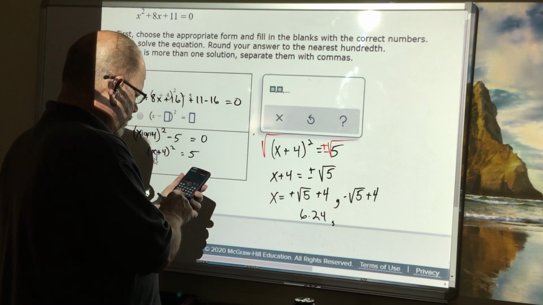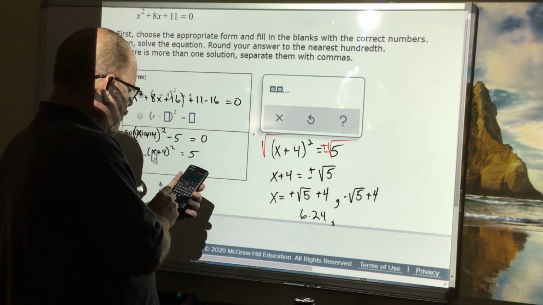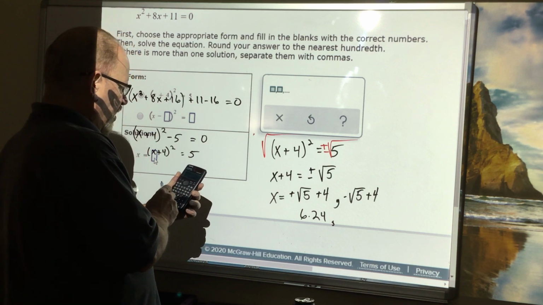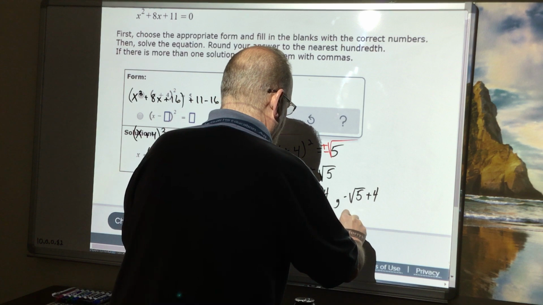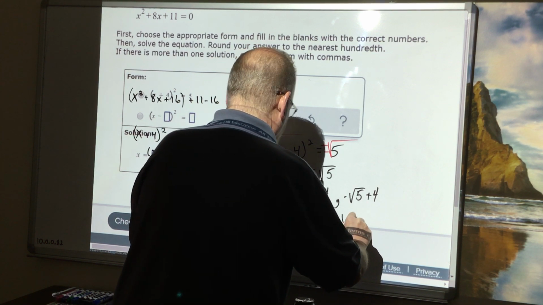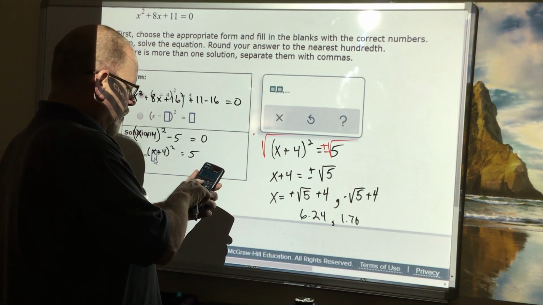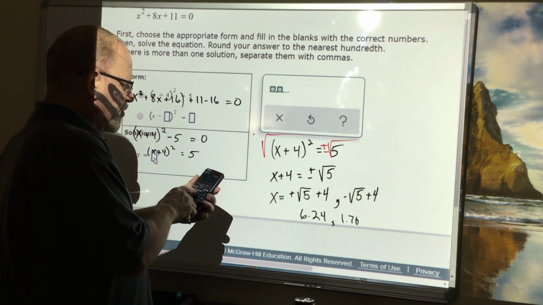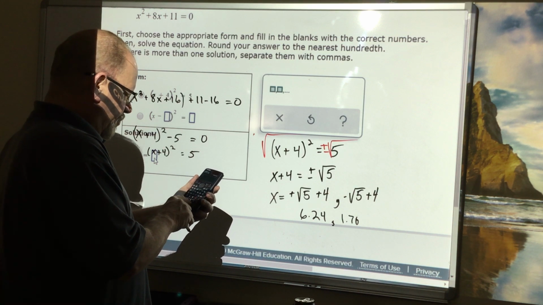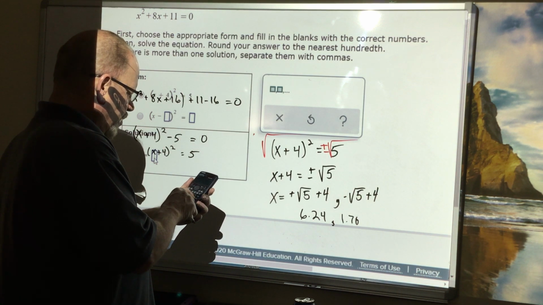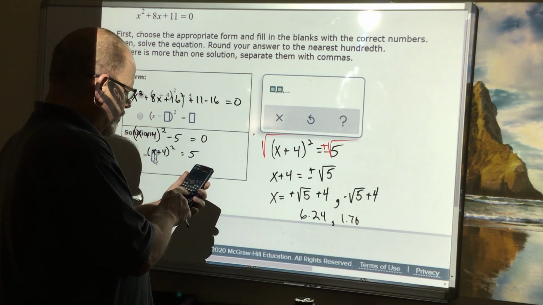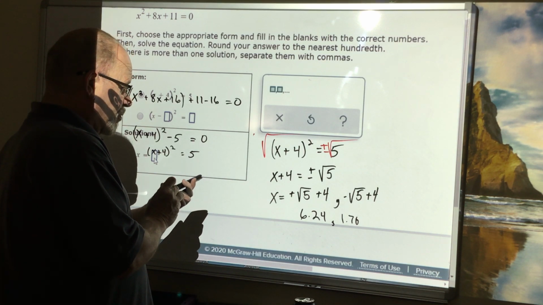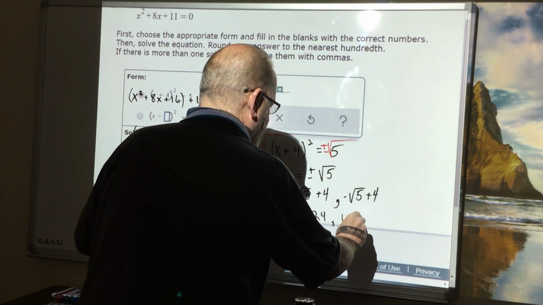Plus 4 equals 1.76. I'm going to check that and see if I did something wrong. Negative square root of 5 plus 4 equals 1.76. Okay. 1.76.